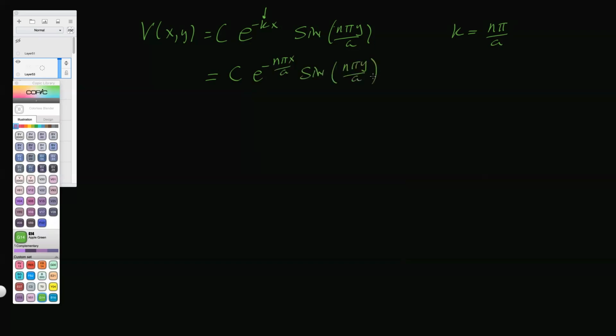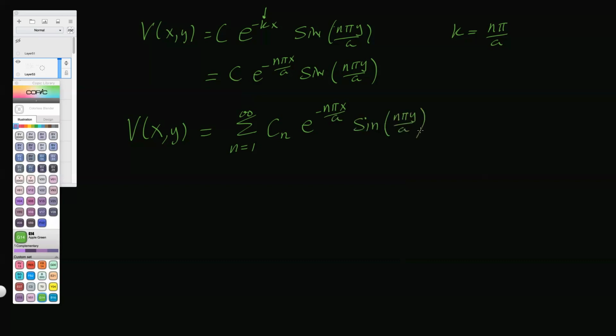But then the general solution is this linear combination of all the different n's: the sum from n equals 1 to infinity, each one has its own c, because there's no reason why it wouldn't, of e to the minus n pi x over a sine of n pi y over a.